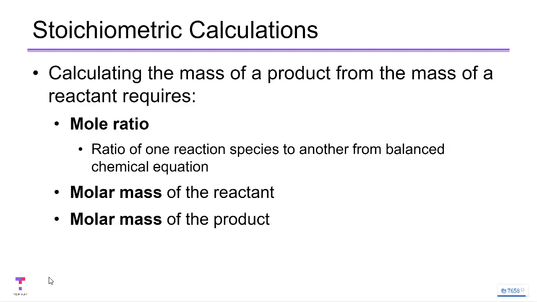The other thing we need to know is the mole ratio. The mole ratio comes from the balanced chemical equation itself. And so we've covered this kind of calculation already. This is the thing that is different. That is the thing that we're going to have to kind of wrap our heads around here in Module 4 to extend our knowledge from Module 2.